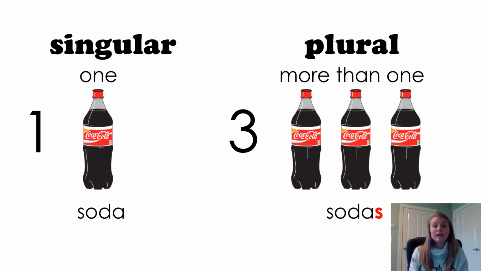So if we look at the screen, I chose 3. So on the phone, I will say, I would like to order 3 sodas. Why don't you try that? Good. Just like we did with pizzas, we added the S for sodas.